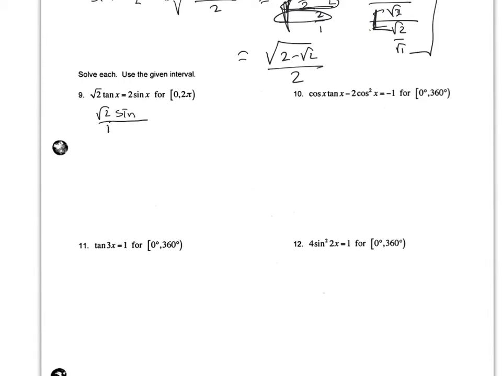Tangent is sine over cosine. And then here we get 2 sine x over 1. I don't know what's going to happen with this. Let's just cross multiply and see. So we have radical 2 sine x equals, now we go this direction, 2 sine x cosine x.